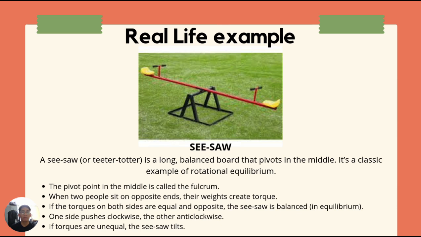But when one side pushes clockwise, the other will act anticlockwise. When the torques are unequal, that's when we see the seesaw tilt. So that is how I explain rotational equilibrium simply.